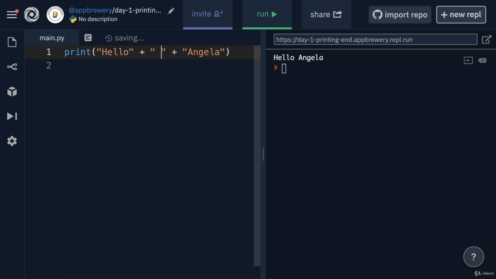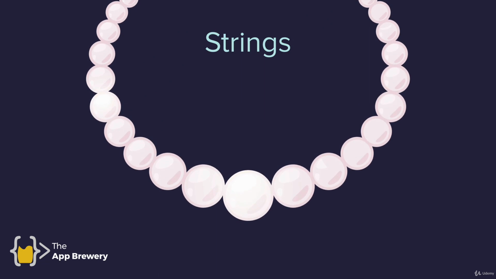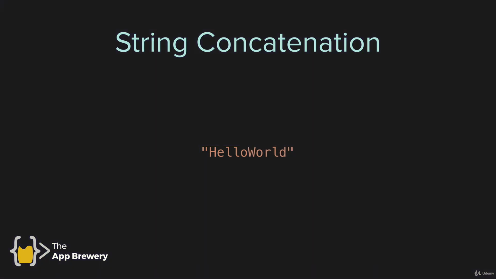So now when I run my code, you can see the space gets inserted, and this long thing gets combined into a single string that looks like this, once this bit of the code gets executed. If we think of strings as a string of connected characters, then string concatenation is simply taking those separate strings of characters and merging them into one.